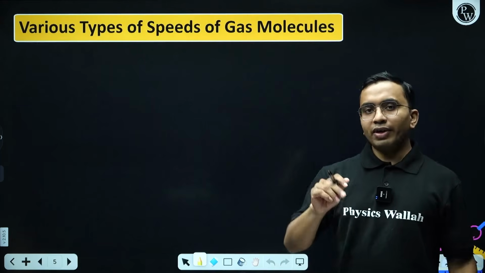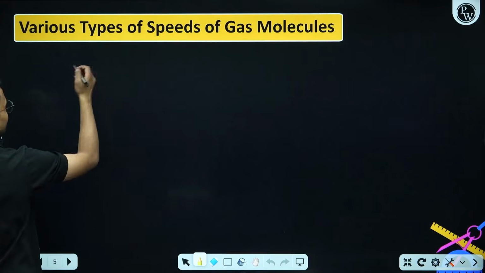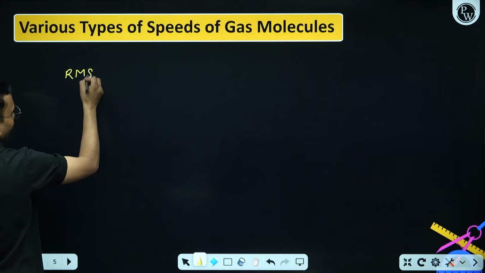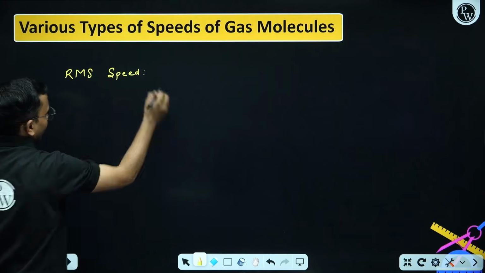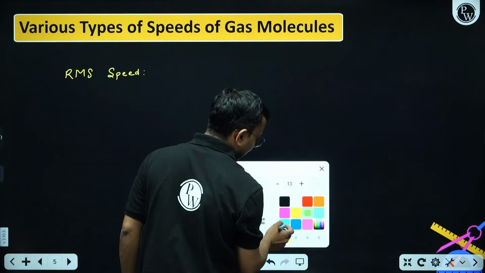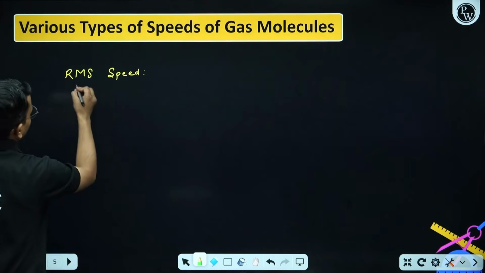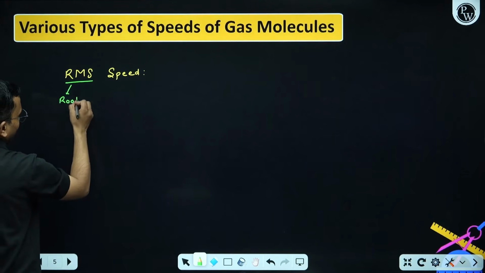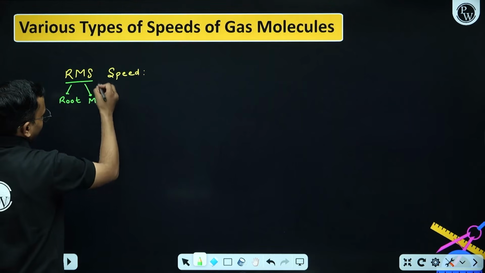Now we define different types of speeds. First of all, let us talk about the RMS speed. In the term RMS, R stands for root, M stands for mean, and S stands for square.